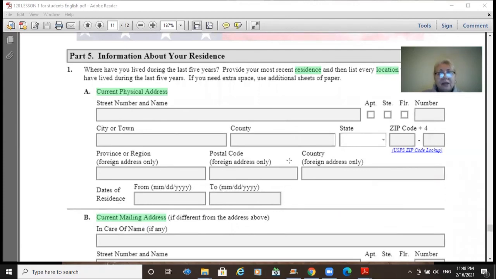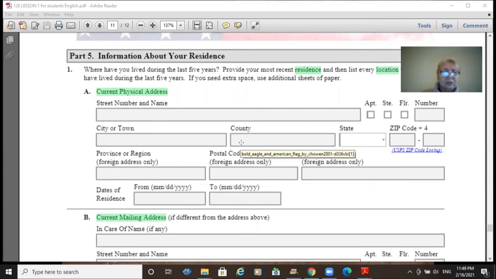Now, if they ask you for your address, please provide the full address right away, including your house number, the street name, the apartment number, city, state, and the zip code. If you give them your full address right away, that will exclude additional questions.